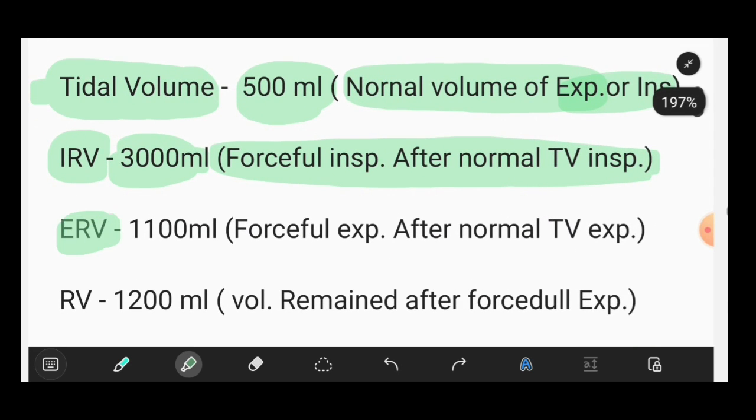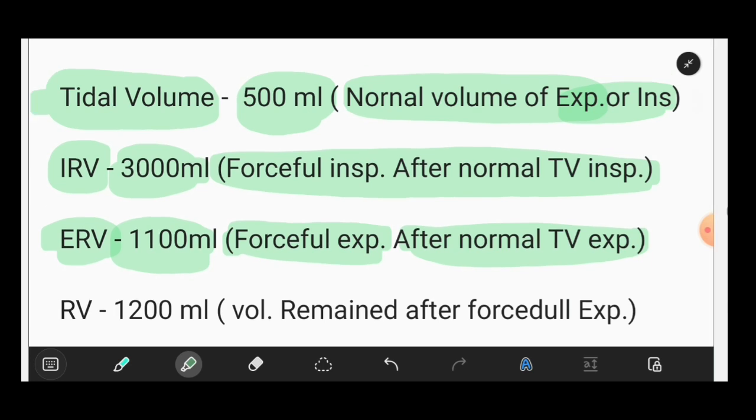Now guys, next, what is expiratory reserve volume? It is the volume of the air which is forcefully expired after normal tidal volume expiration. Means after normal tidal volume expiration, the volume of the air which is forcefully expired is known as expiratory reserve volume. It is about 1100 ml or 1.1 liter.